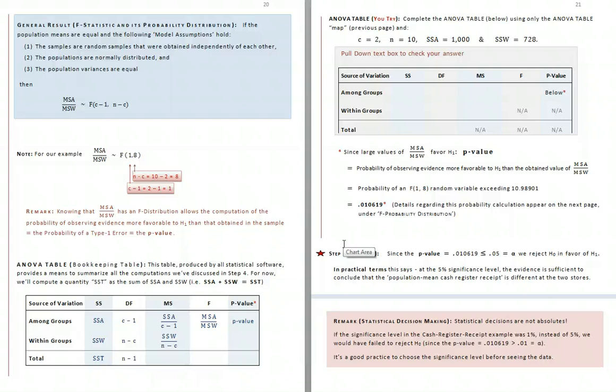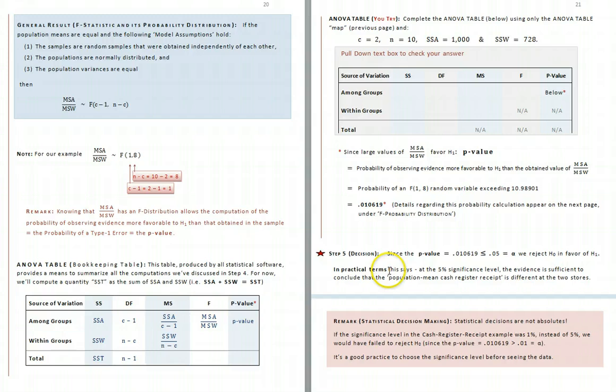Now, before you complete the ANOVA table, which by the way you can check your answers for by pulling down the text box on the actual Word document, we might as well complete step 5. Step 5 is actually expressing your decision. Since the p-value for the hypothesis test, which will be on the ANOVA table up here when we learn how to do that, since that p-value is 0.010619, that is less than or equal to the significance level of the test, 5%, we reject the null hypothesis in favor of H1.